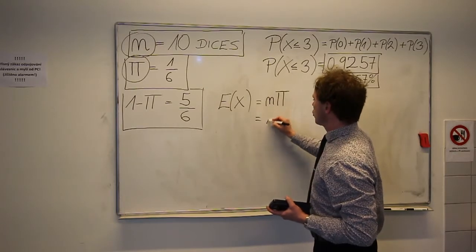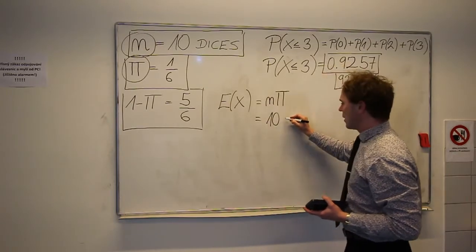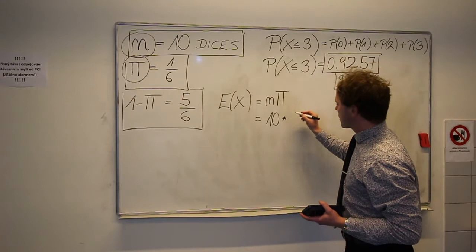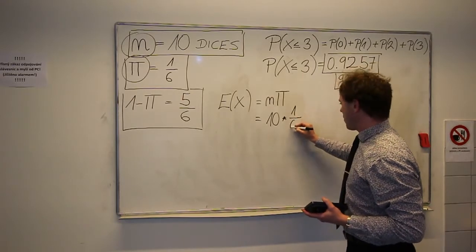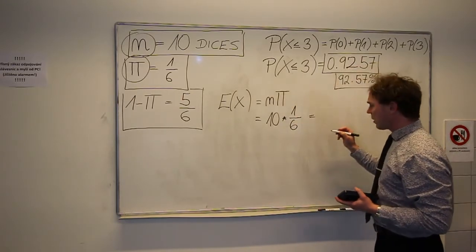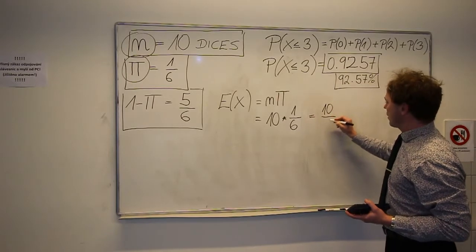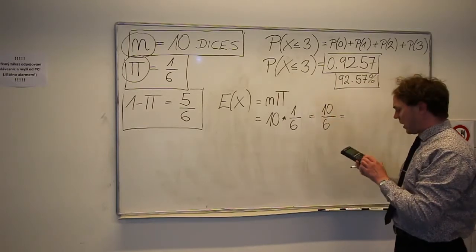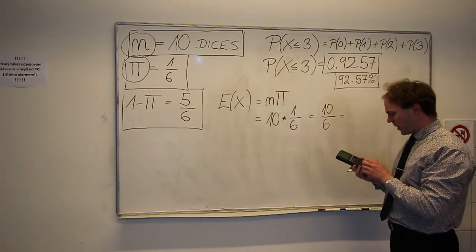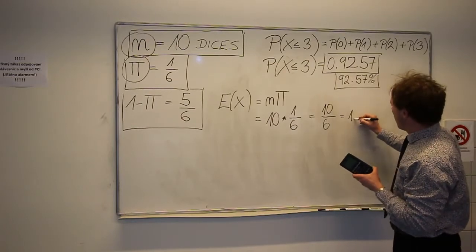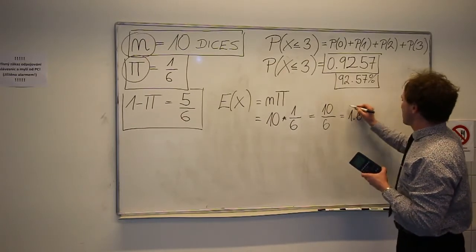In our situation, 10 dices times 1 divided by 6. The result is 10 divided by 6, which is 1.67.